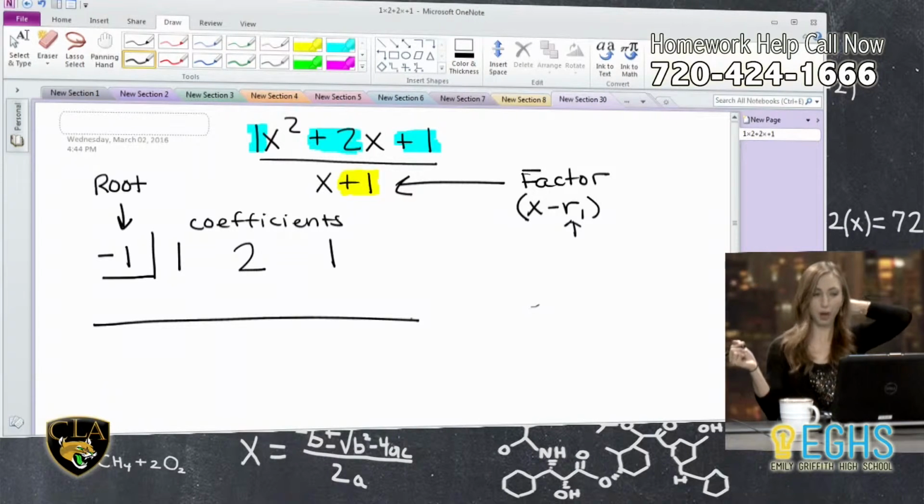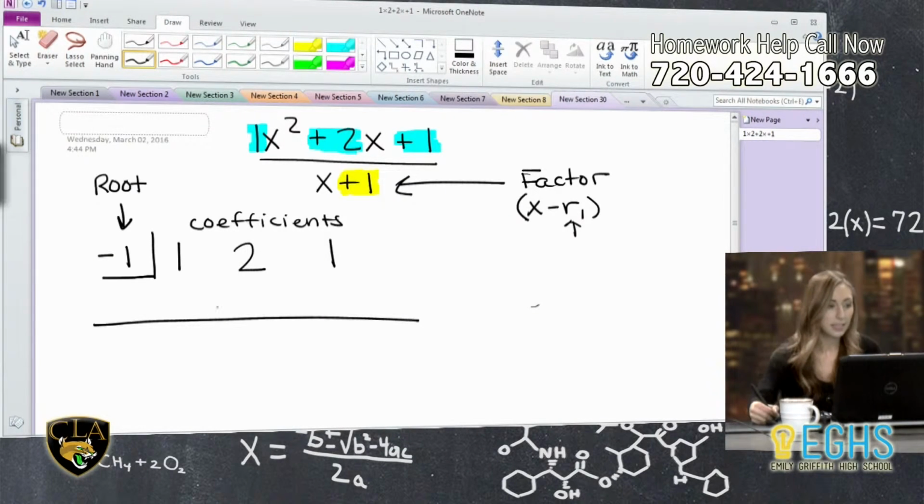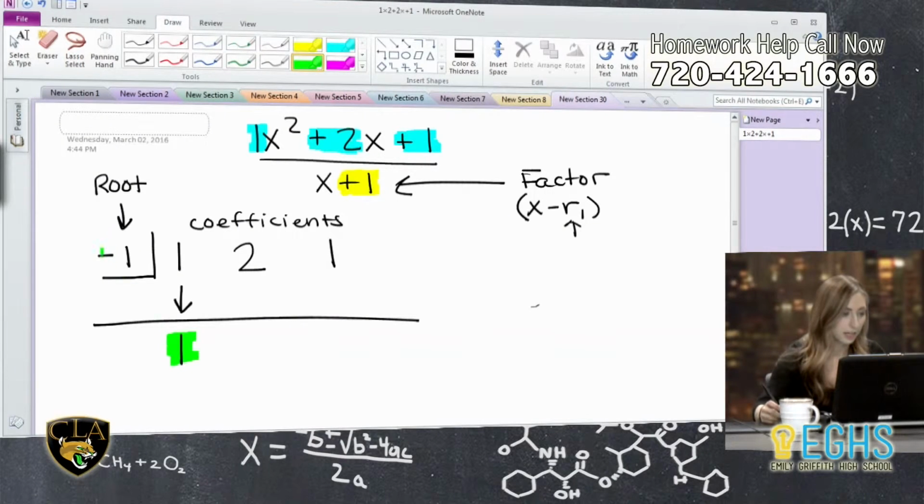Then from there, the process goes like this. The first number we always bring down to the bottom. And then we're going to multiply, add, multiply, add. So we'll take this 1 times the -1, and we get -1. We put our answer below the next one.